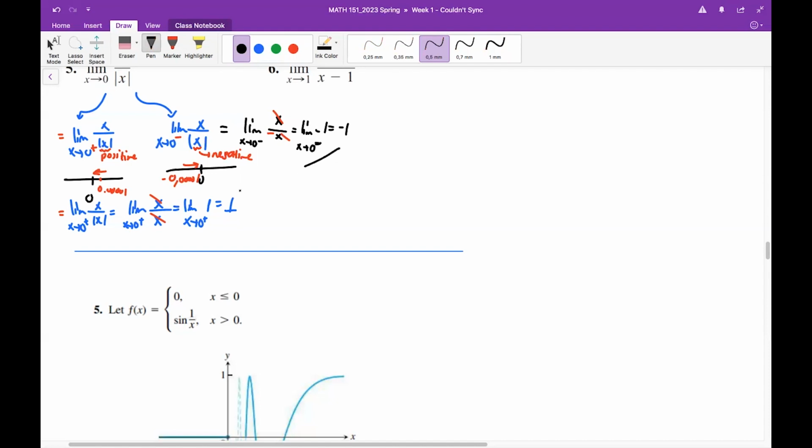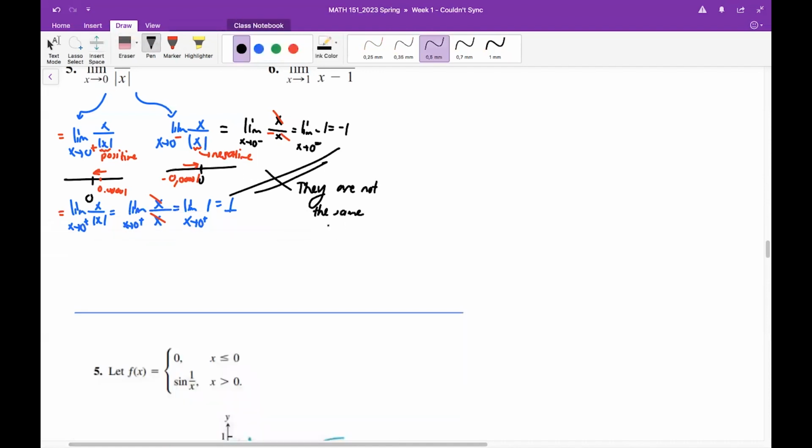So if you compare the results, you see that they are not the same. They are different. So how do you conclude about the overall limit of this function as x goes to 0 without any direction? So what do you think? What is this limit?